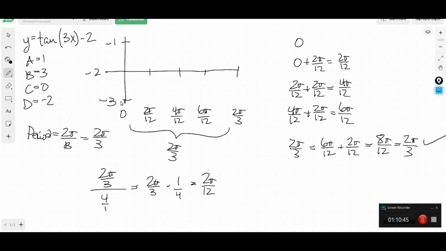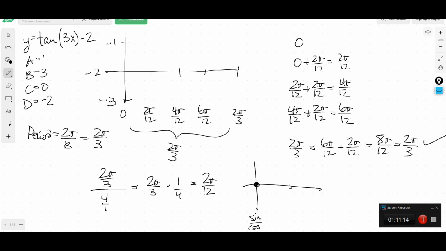Anyway, now I have tangent. So that's going to be a little bit different. We need to consider what is the parent function of tangent over the course of one period. So I know it starts off at 0 because that's sine over cosine, and sine of 0 is 0.